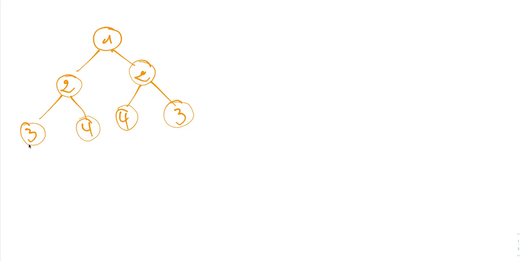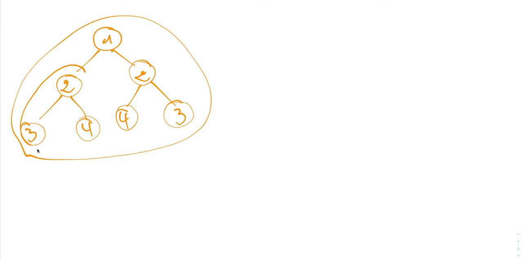We want to know if this binary tree is symmetric. So we're going to divide this problem into different subproblems. In order to know if this is symmetric, I need to make sure that those two are actually symmetric some way.